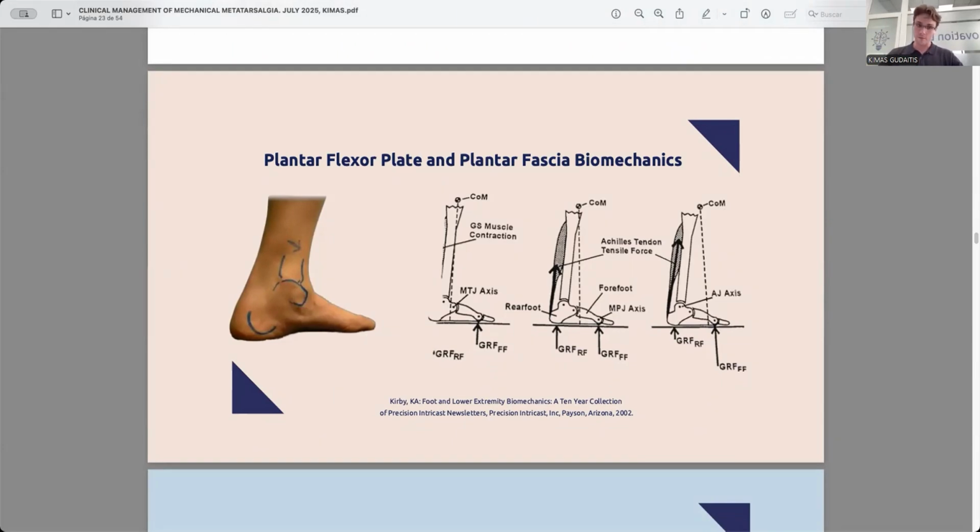During the gait cycle, as we move the center of mass forward, the ground reaction forces increase in this part here in the forefoot. This happens in the second rocker phase and leads to a situation where the foot tends to flatten. So the more tension there is in the plantar fascia during the second rocker, the more stable the toe remains on the ground.